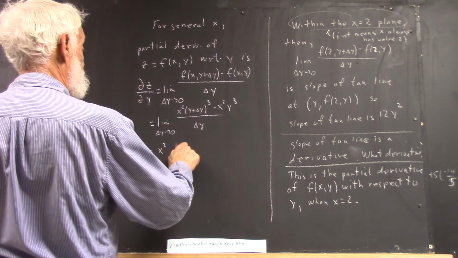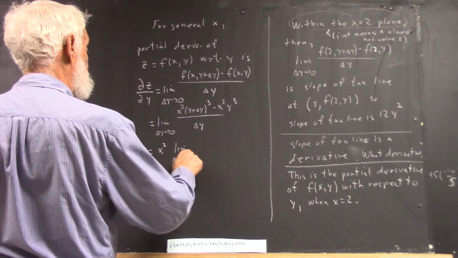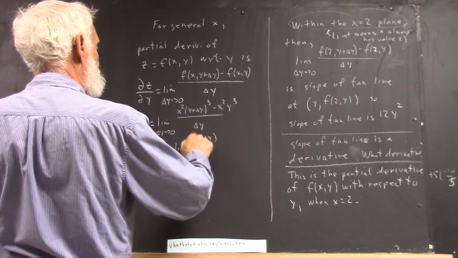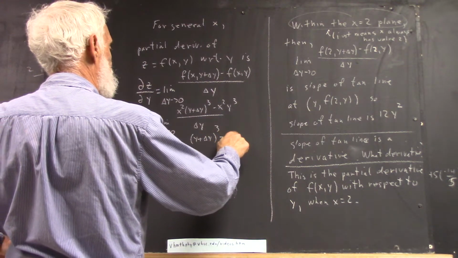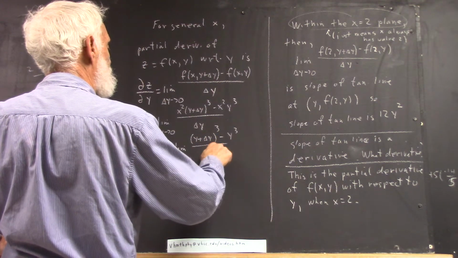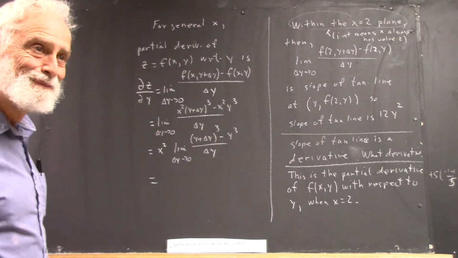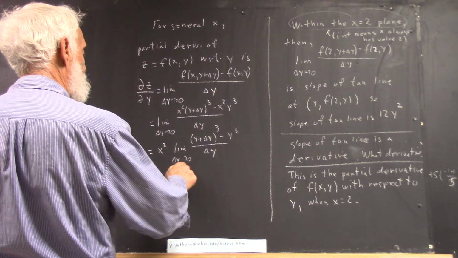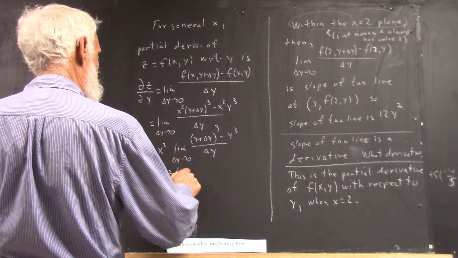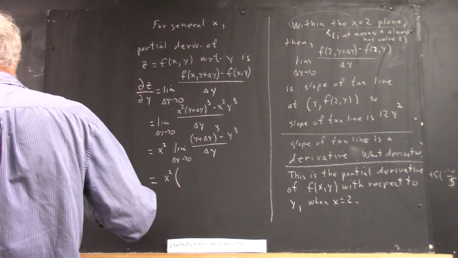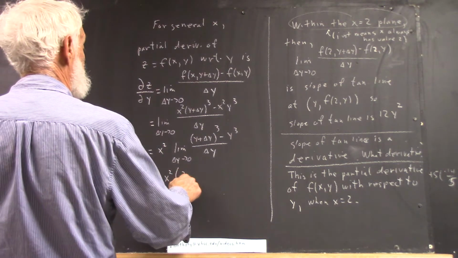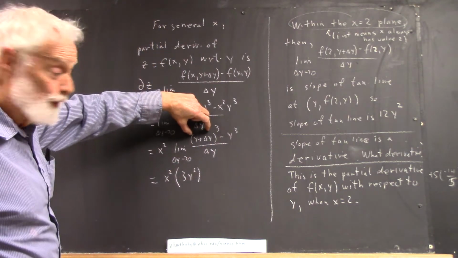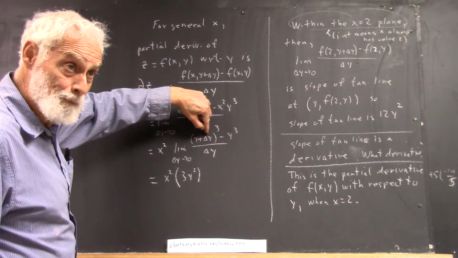And then it's x squared times the limit as delta y goes to 0 of (y plus delta y) cubed minus y cubed over delta y, which we already worked out. So that's x squared multiplied by, what did we get? 3y squared, yeah, because when we do the binomial expansion of this, we get a 3y squared delta y.